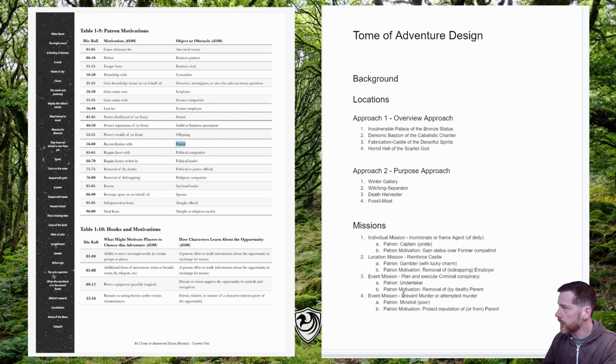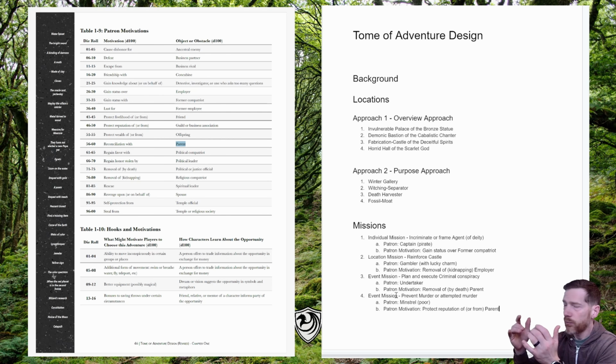So they want us to, this could be fun. So this could be a couple of storylines that sort of mesh together. The Undertaker wants to hire the player characters to execute one of his parents.